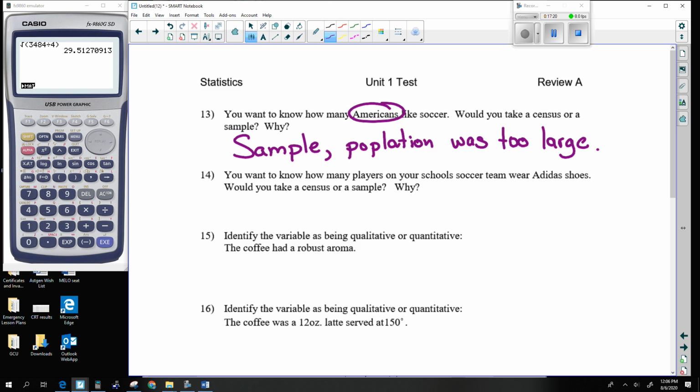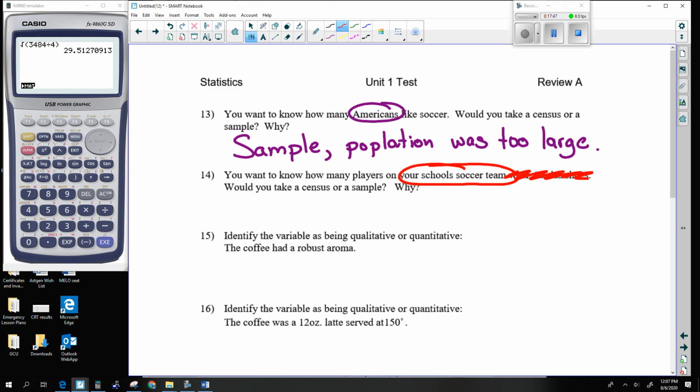Okay, number 14. You want to know how many players on your school soccer team wear Adidas shoes? Okay, so again, don't be distracted by the question. You need to be focused in on what is the population. Who do you want to know about? You want to know about the players on your school soccer team. That's the population. So how many people? What is the population size?